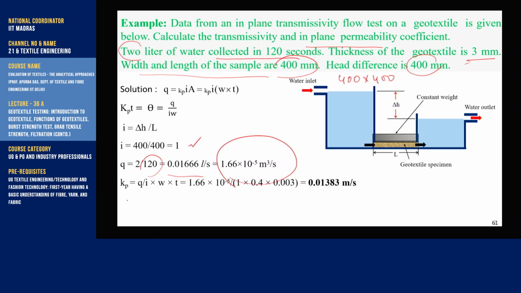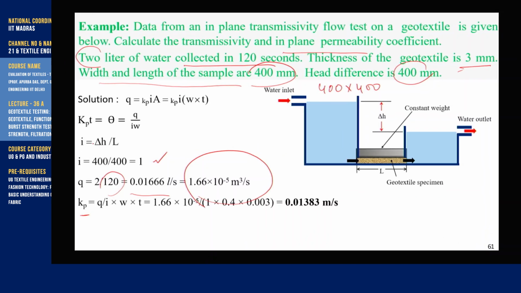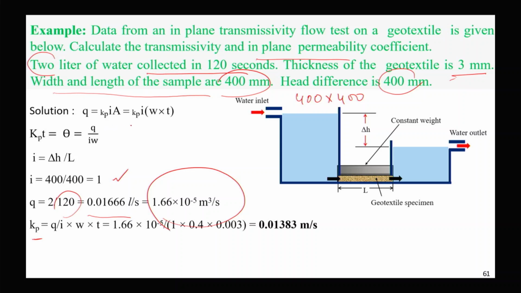And Kp, we can use this relationship to calculate the Kp. Q divided by IWT. That means Q value is given.